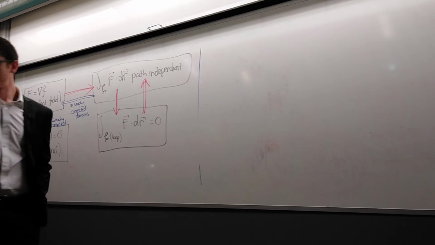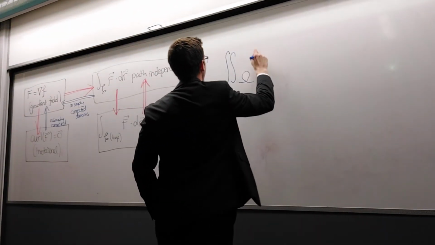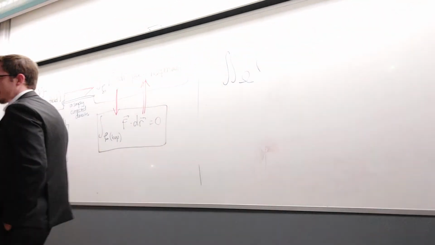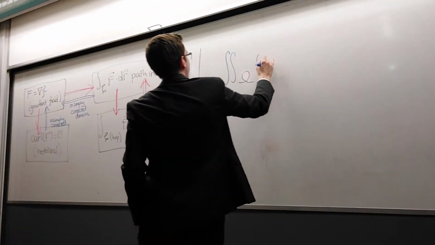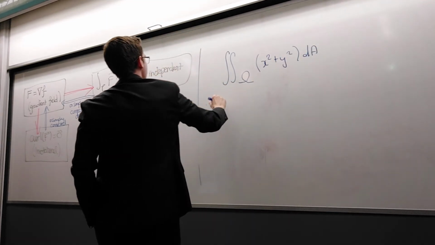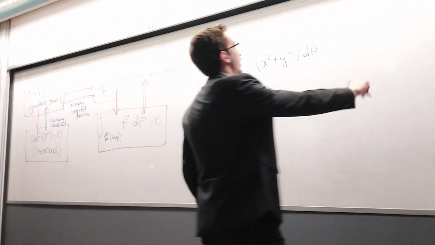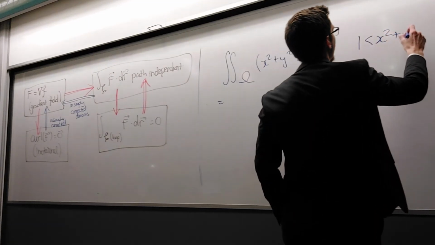Okay, let's have a look at this one. So I have an annulus. An annulus is depicted above, and I want to compute the double integral over it of x squared plus y squared dA. Omega is the annulus.